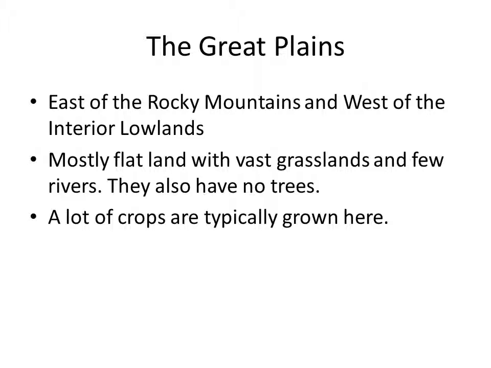The next region is the Great Plains. It's east of the Rocky Mountains and west of the interior lowlands. Mostly flat land with vast grasslands and few rivers. They also have no trees. And a lot of crops are typically grown here. They're typically grown here in large part because we will find that this area has a lot of water underneath the ground that can be taken up from underneath the ground and used to make these crops grow well.